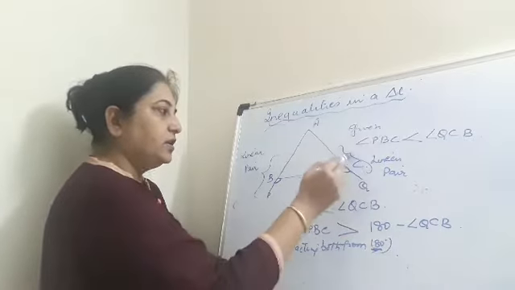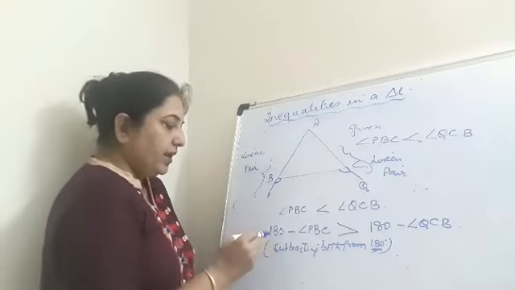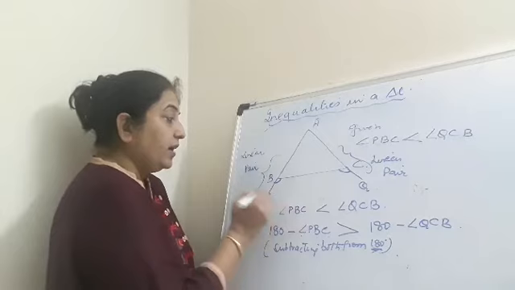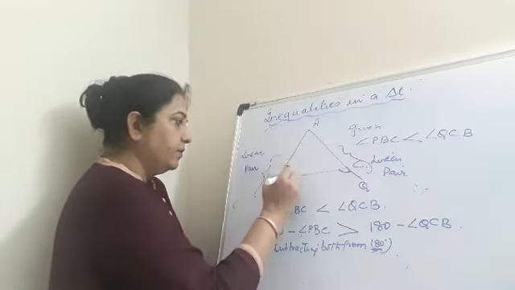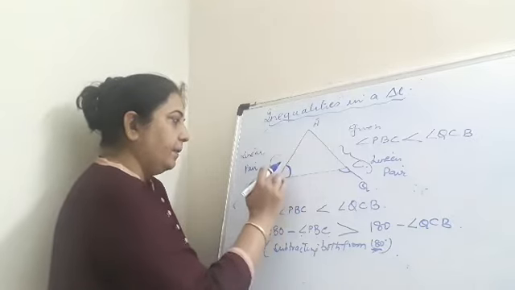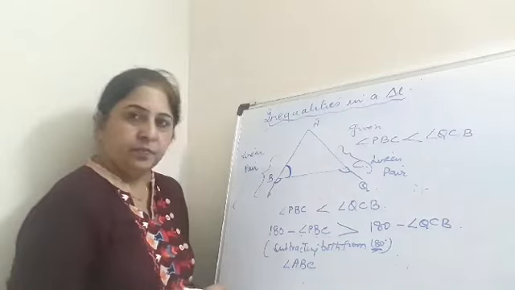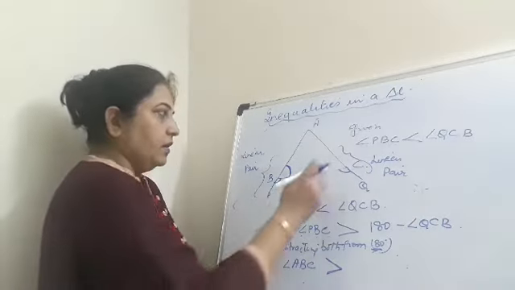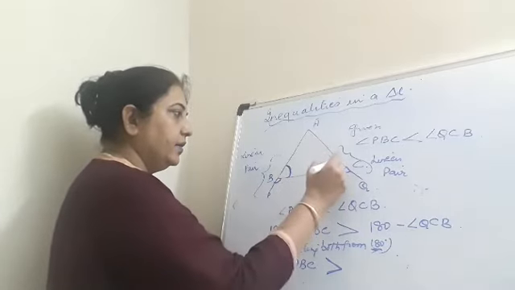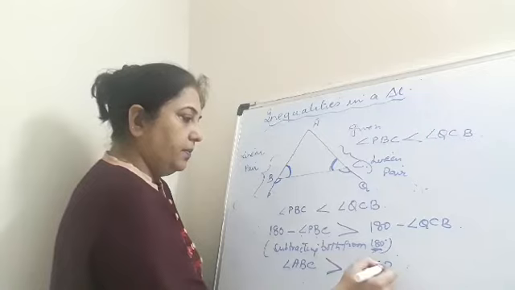Because they form a linear pair. Now 180 minus PBC will give you this angle. And what is this angle? Angle ABC. Right? Now, greater than this angle, angle ACB.